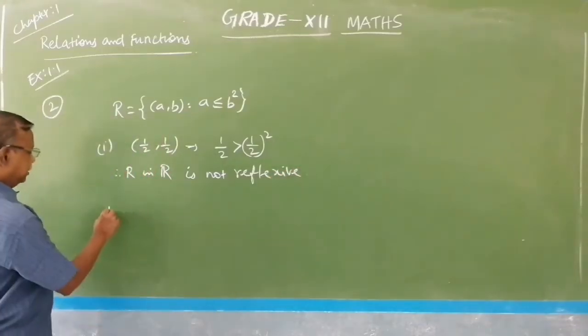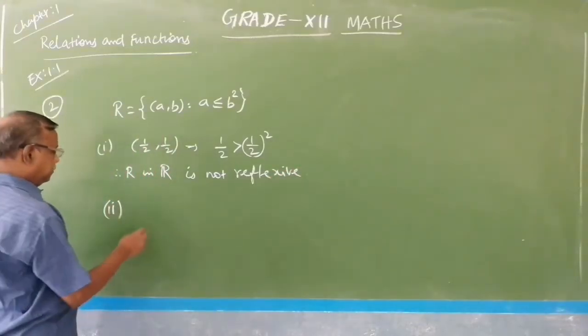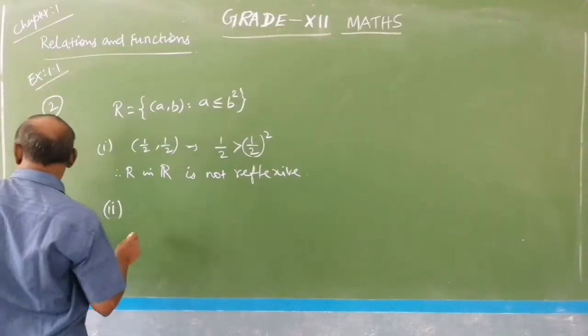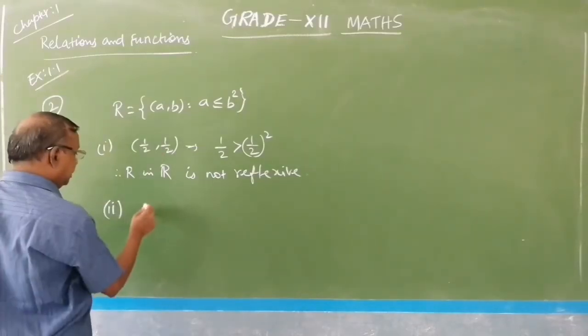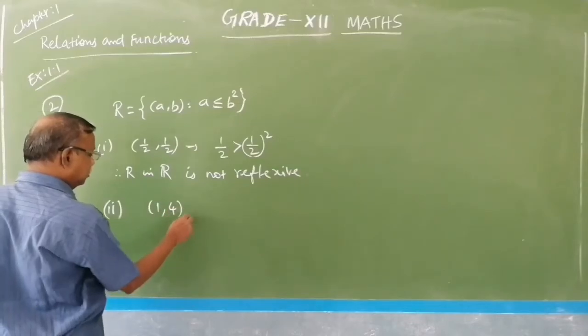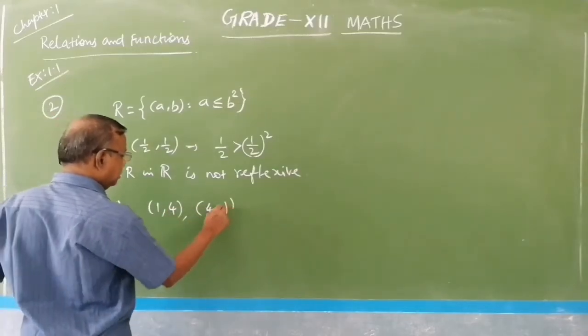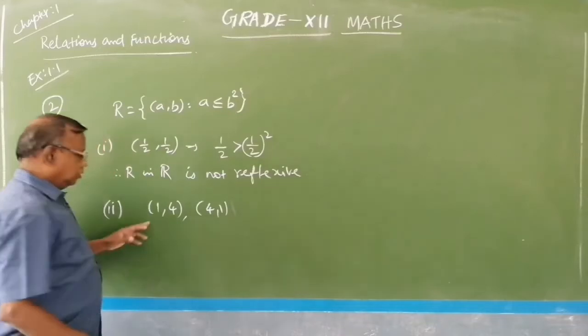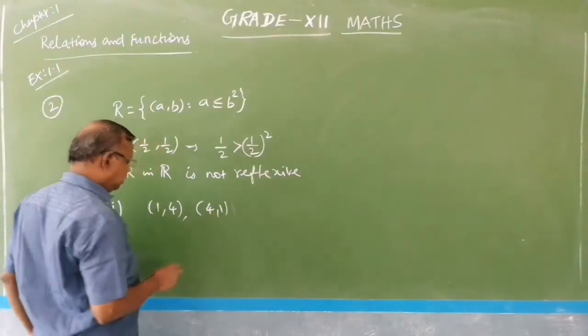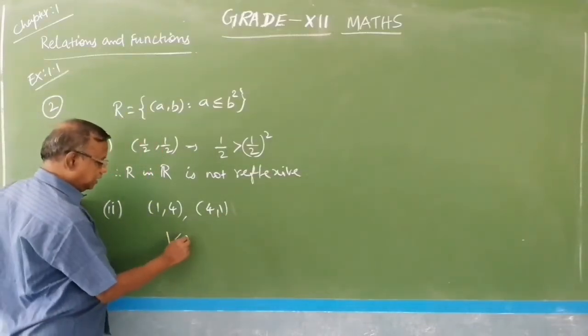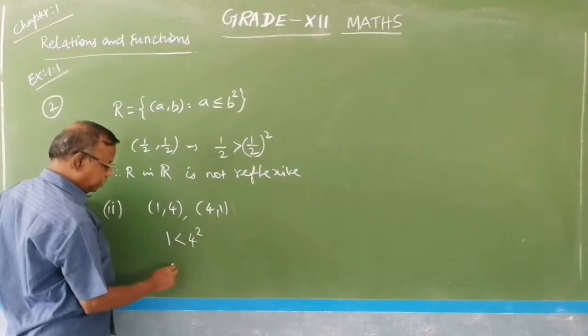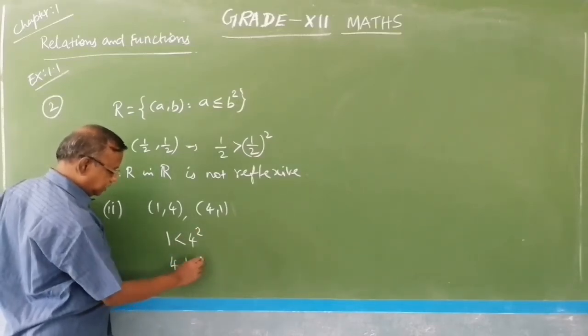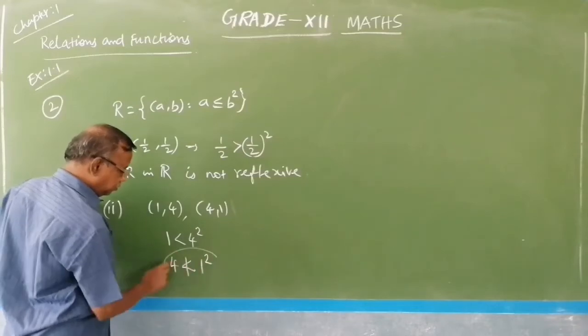Similarly, next one, if we take two elements (1, 4) and (4, 1): 1 is clearly less than or equal to 4 squared, but 4 is not less than or equal to 1 squared.